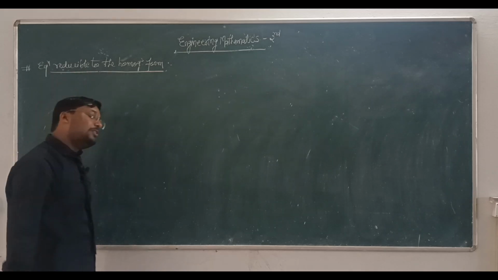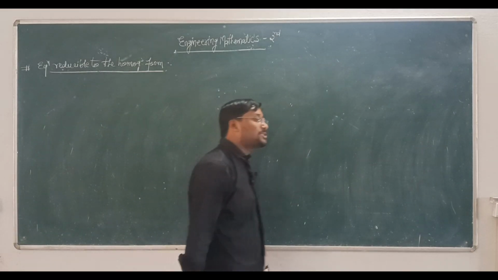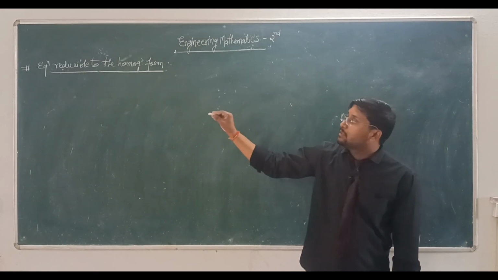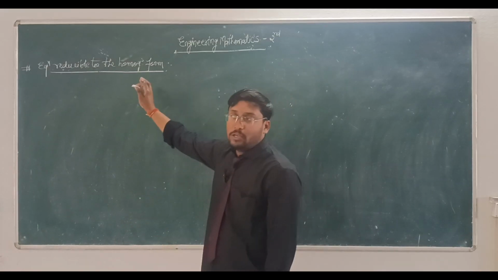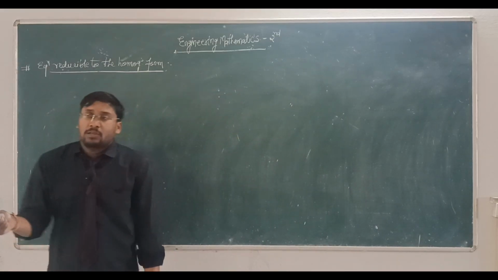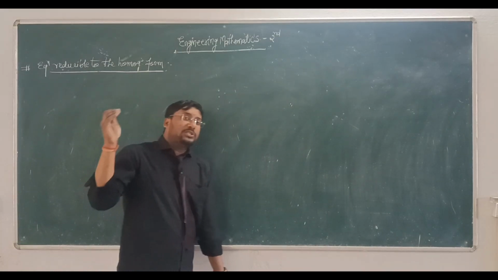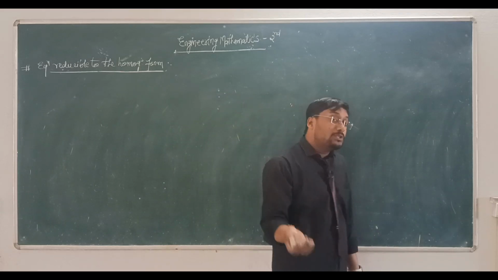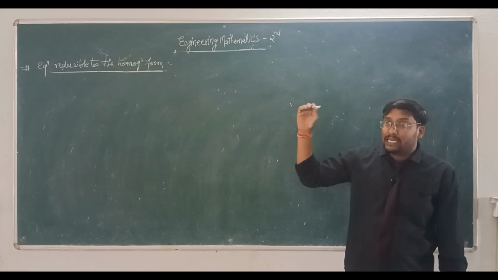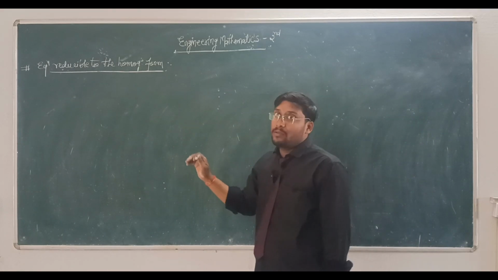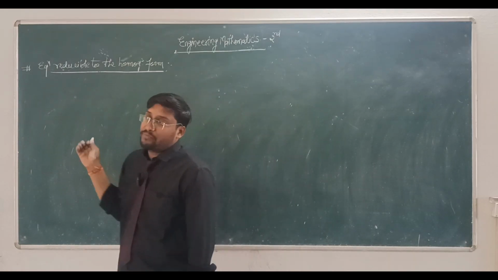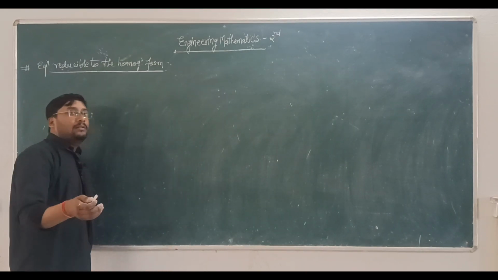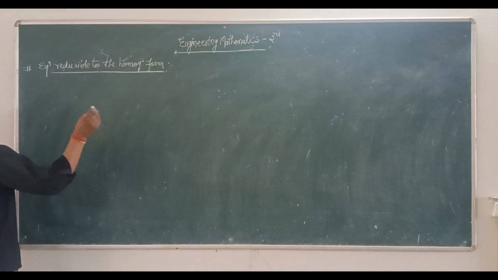If the differential equation is not in homogeneous form, you can reduce it to homogeneous form. You can use this method. First, what is a homogeneous equation? If the numerator degree and denominator degree are the same, this differential equation is known as a homogeneous differential equation.